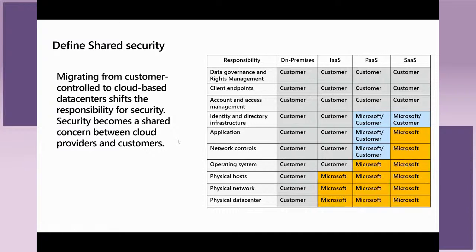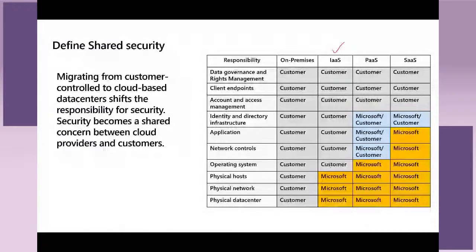Now let's look at the shared responsibility. When it comes to your on premise, everything is our responsibility. Let's come back to the IaaS. This is the shared responsibility. When you go for the infrastructure as a service offering, this chart that you're seeing here is only with respect to security.